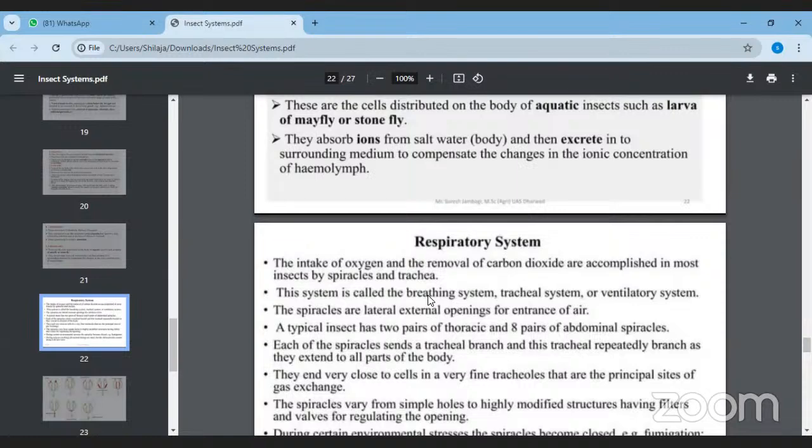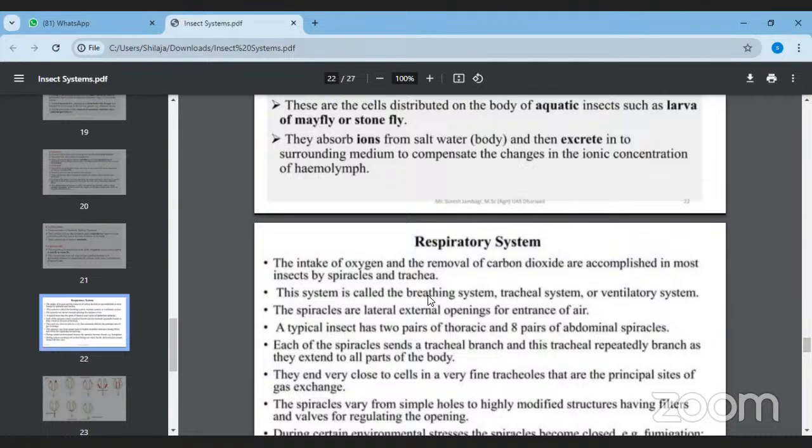So like this, we see active ventilation, diffusion, and also the elimination of CO2, which diffuses about 35 times more readily than oxygen. Because of this, CO2 is much more likely to be eliminated from the body through the tracheal linings and through the integument also.